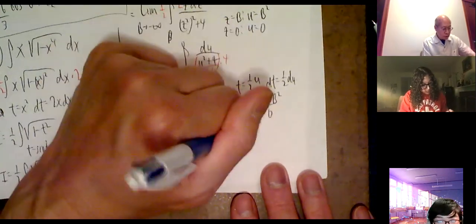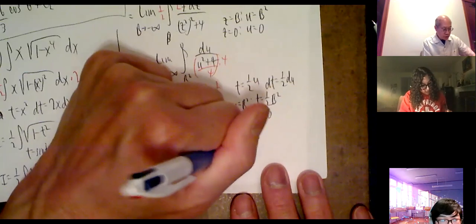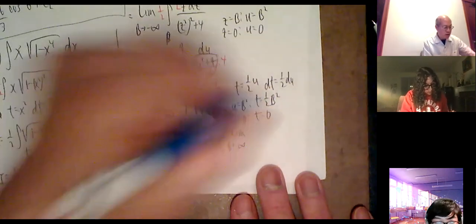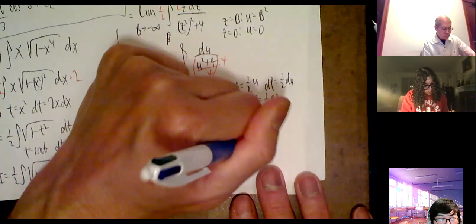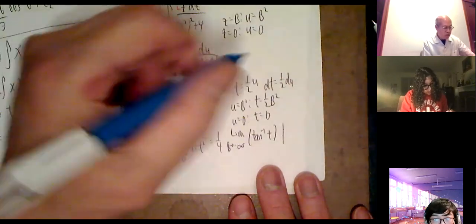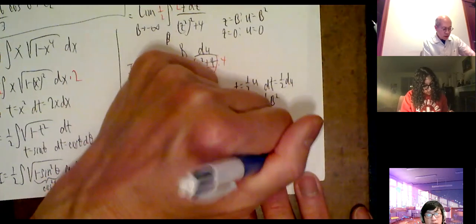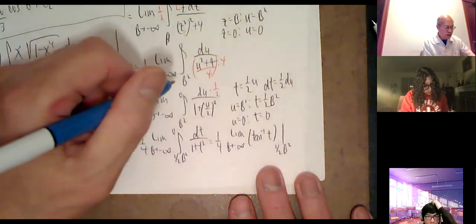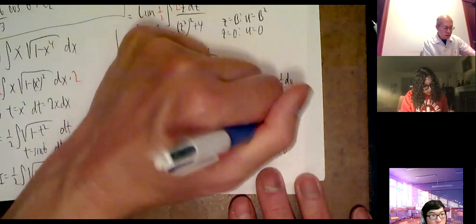So 1/4 limit b approaches negative infinity of inverse tangent of t, from 1/2 b squared to 0.